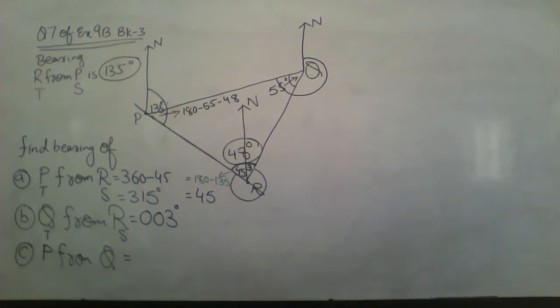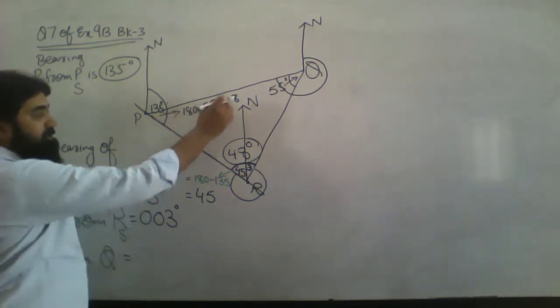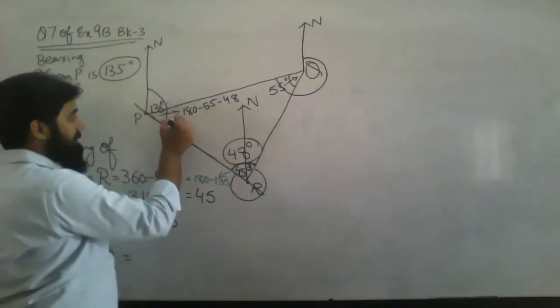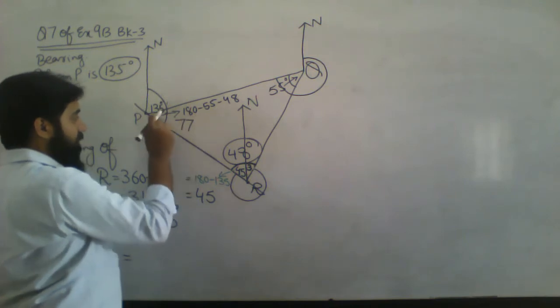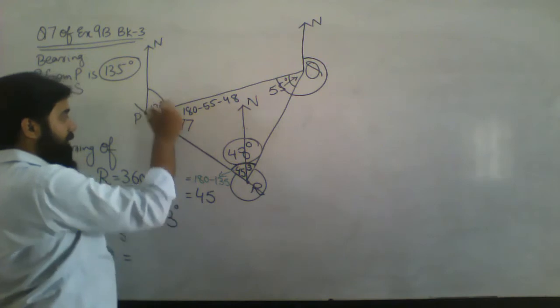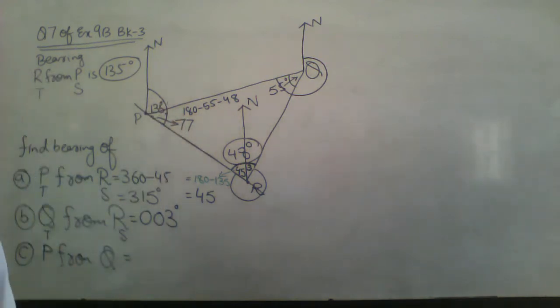So now I'm using my calculator. When I simplify 180 minus 55 minus 48, the result is coming 77. For this part, which is over here, the result is going to be 77.